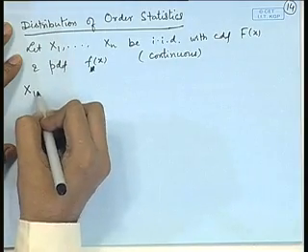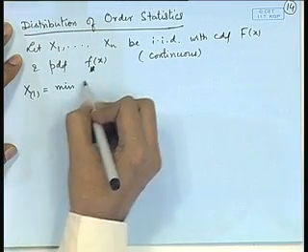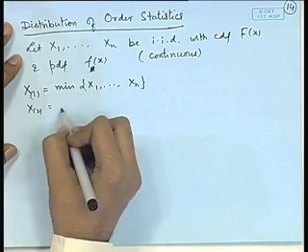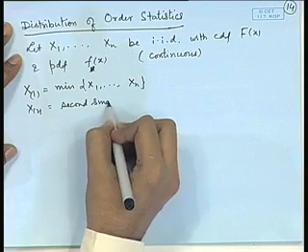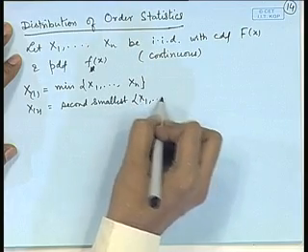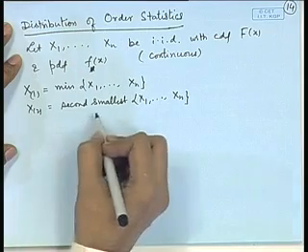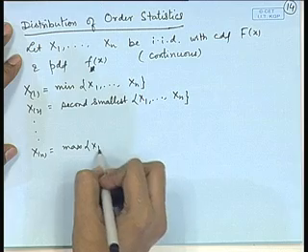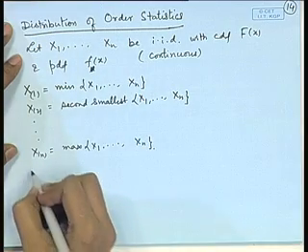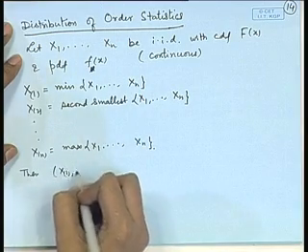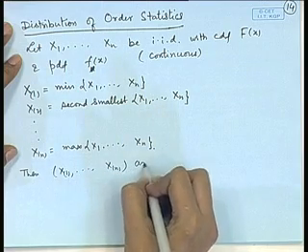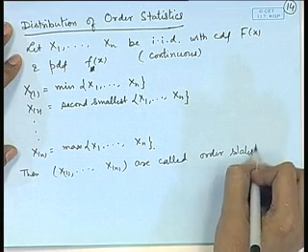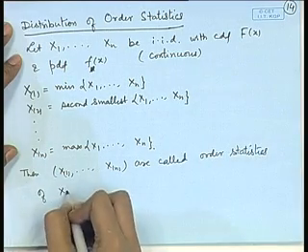We define X(1) to be the minimum of X1, X2, Xn, X(2) to be second smallest of X1, X2, Xn. So like that, X(3) will be third smallest and so on, X(n) will be the maximum of X1, X2, Xn. Then X(1), X(2), X(n) are called order statistics of X1, X2, Xn.